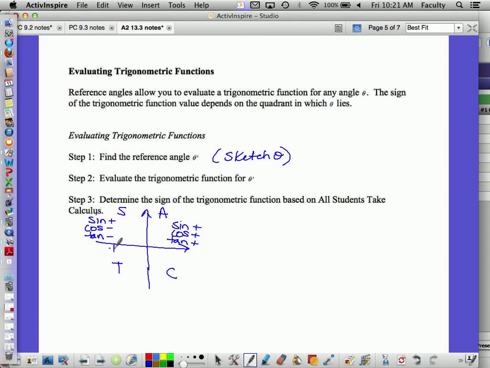In the third quadrant, tangent is positive, sine is negative, and cosine is negative. In the fourth quadrant, cosine is positive, sine is negative, and tangent is negative. Everybody got it?